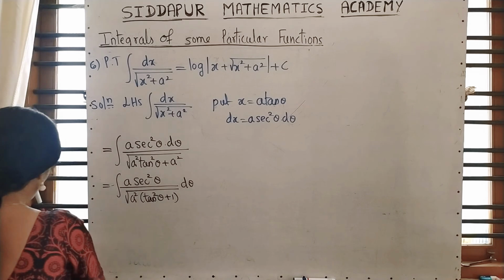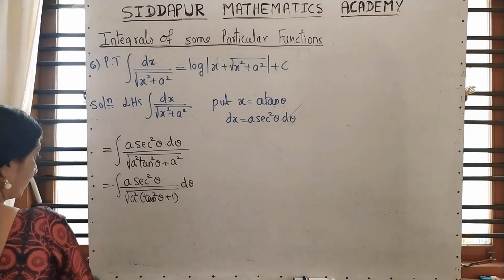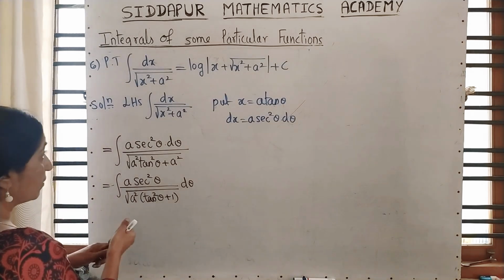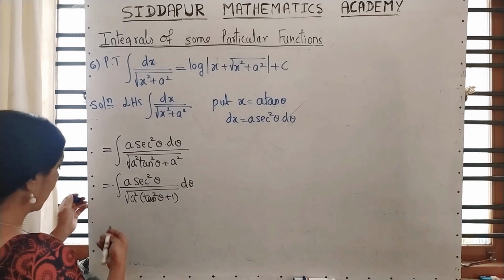What is tan square theta plus 1? Tan square theta plus 1 is secant square theta.